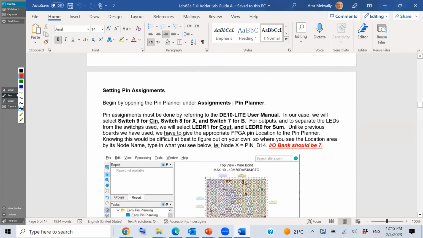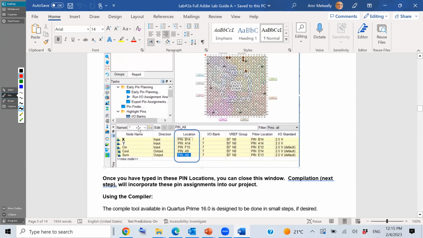So I will use B14, A14, and F15. Those will be my three inputs, X, Y, C in. And my output, C out, will be A9, and summation will be A8.